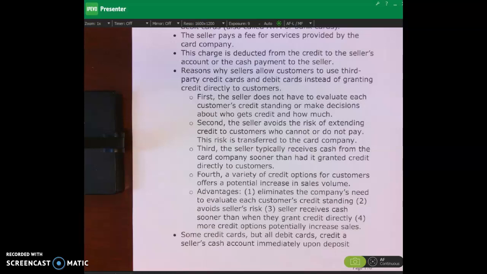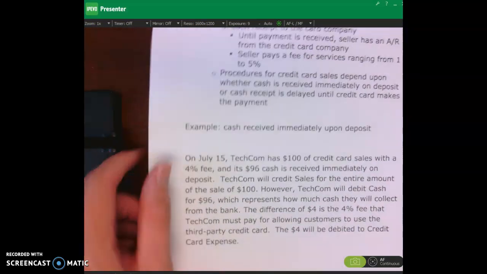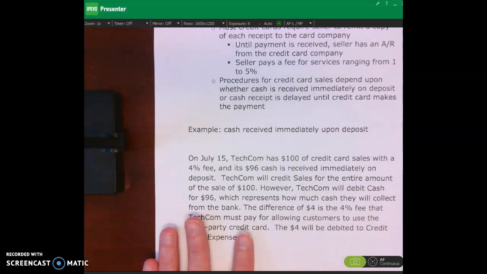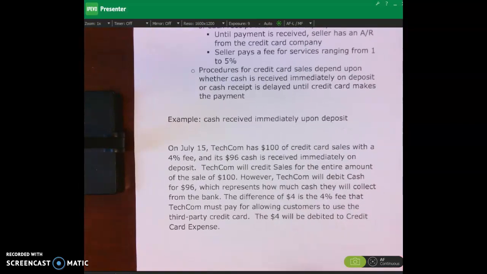Okay? So let's talk about journal entries. I'm going to flash forward here to page 171. There are two different situations with credit cards. If you go to a restaurant and put your dinner on the credit card, the restaurant could get their cash pretty much right away.